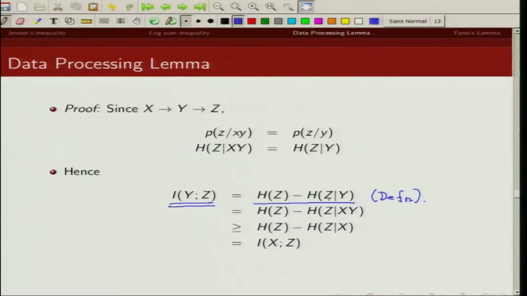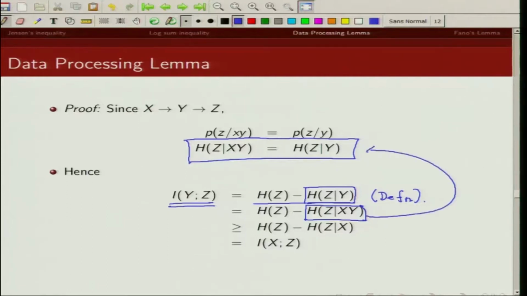Now from this, I know h of z given y is the same as h of z given x and y. So I replace this h of z given y by this uncertainty in z given xy. Okay, so this line follows from here, Markov process.